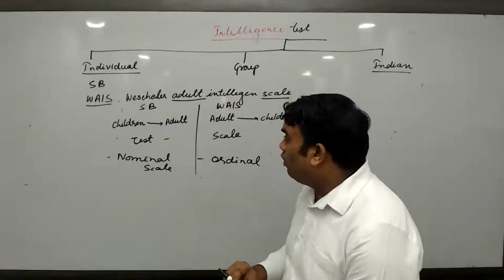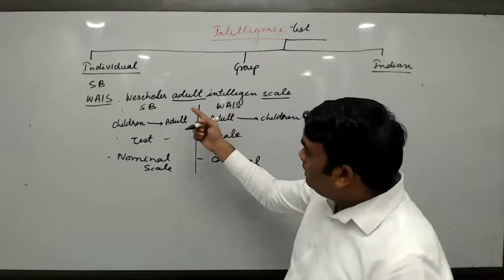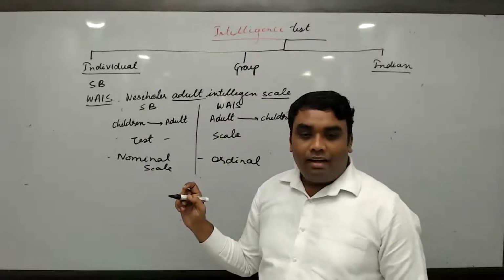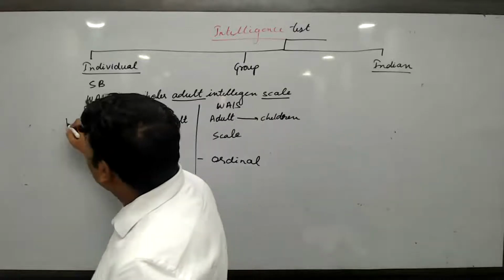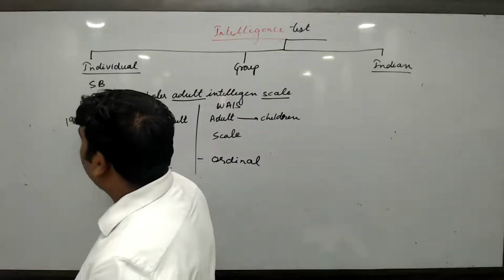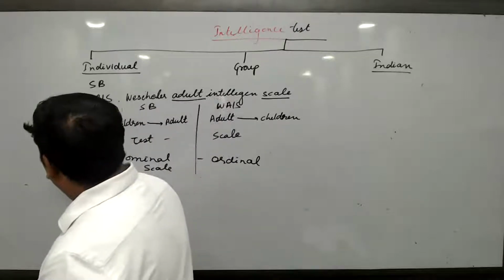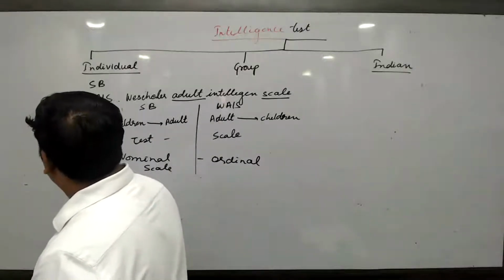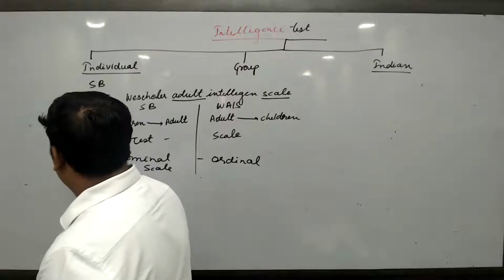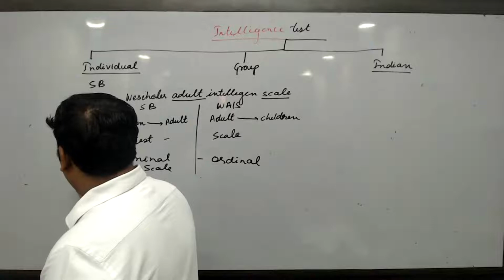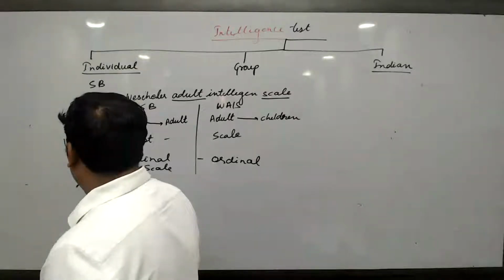Right now, the Wechsler test, as I mentioned, is made for adults. This test came in 1939, and it has been revised four times: first in 1944, then 1955, I think 1990, and in 2008 also.